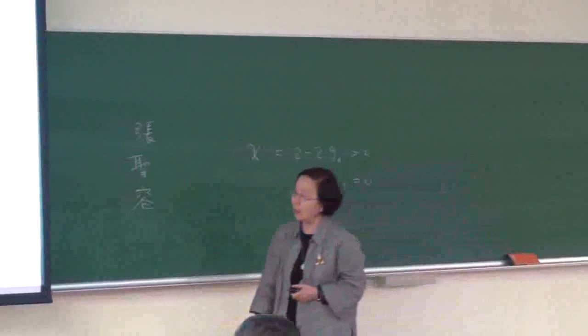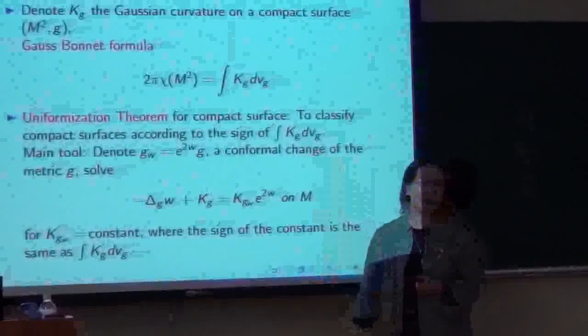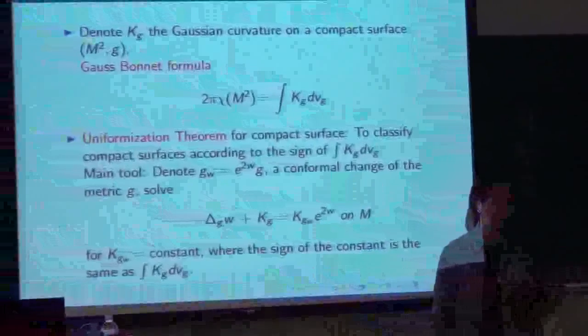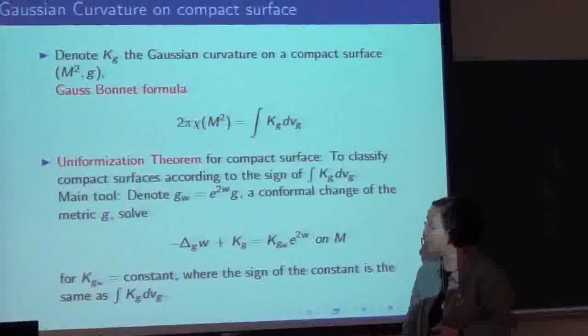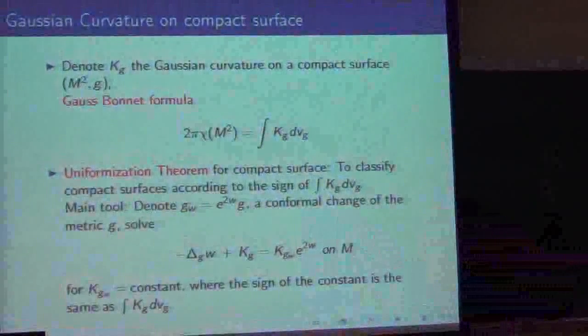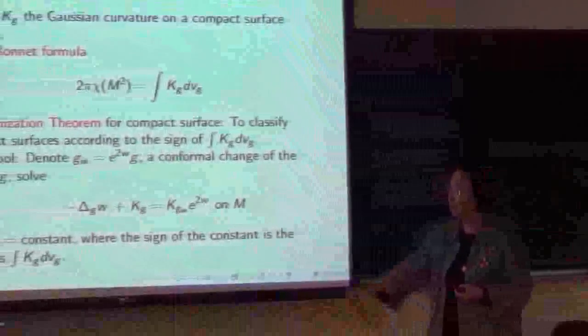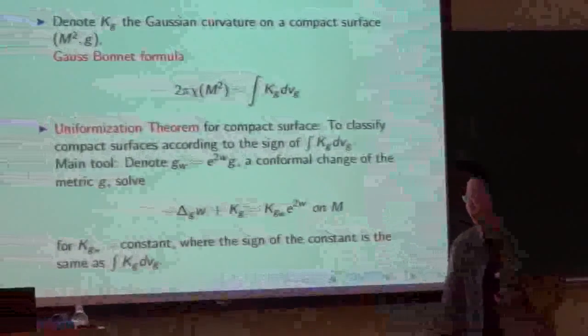So if the integration of the Gaussian curvature is positive, then you already know the surface is homeomorphic to the two-sphere. Otherwise, if it's negative or 0, you can similarly classify the homeomorphism type of the surface. And that's called the uniformization theorem.